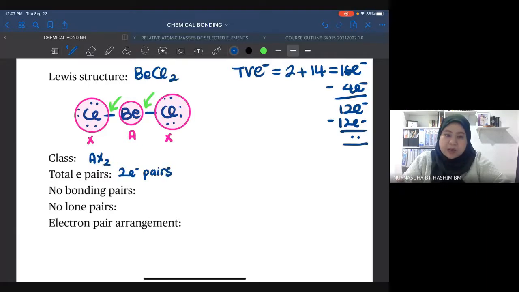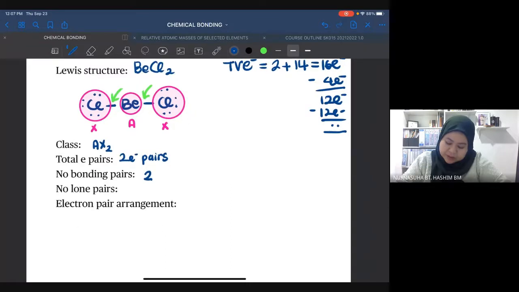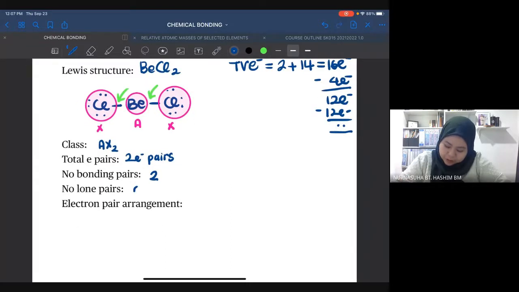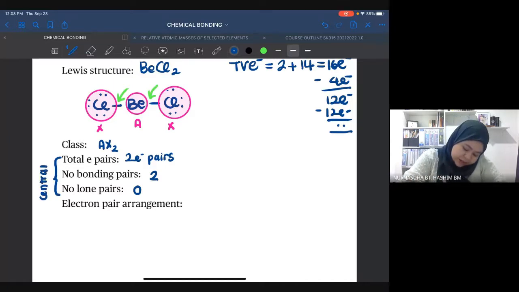Okay, so berapa banyak bonding pair? So, kalau kita tengok kat situ, bonding pair dia ada 2 lah. Sebab tidak ada lone pair, lone pair kosong. Maksudnya tidak ada lone pair dekat central atom. Okay, you fokus dekat central atom sahaja. Jangan tengok dekat surrounding atom.